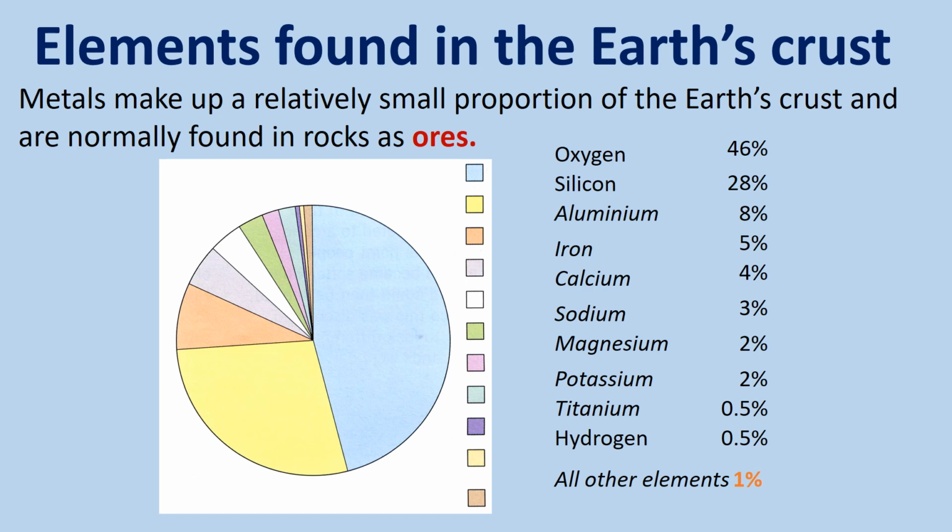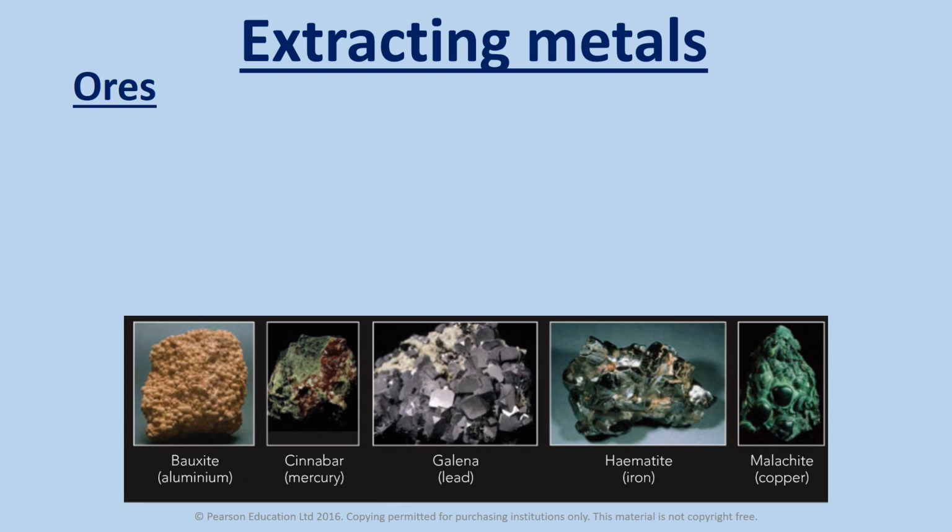The Earth's crust is 46% oxygen, 28% aluminium, 28% silicon, but the amounts of titanium, potassium, magnesium, sodium and calcium are quite substantially smaller, and all other elements are 1%. That's not very much metal in the Earth's crust, but it's enough for us to be able to extract it.